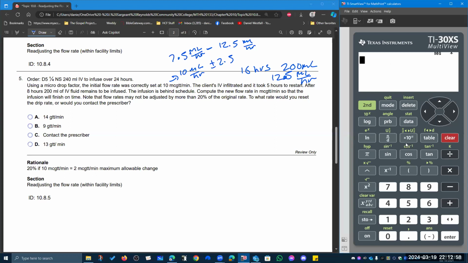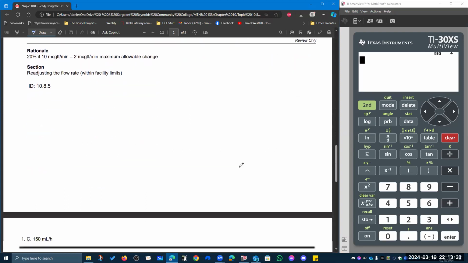So we need to contact the prescriber because we're outside of the safe boundaries for the facility. 20% would be plus or minus 2, so that would be between 8 and 12. 12.5 is outside that, so we're going to contact the prescriber.